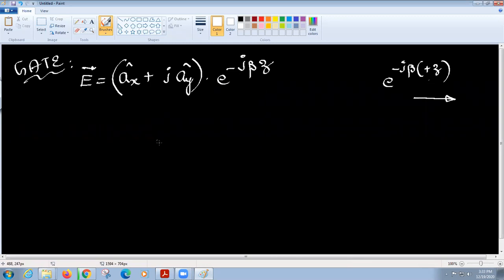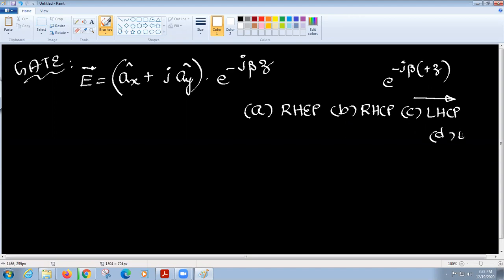Now you tell me, you have options like this. You have right hand elliptical polarization, right hand circular polarization, left hand circular polarization, and linear polarization. Which among these four is going to fit this question? What do you think?